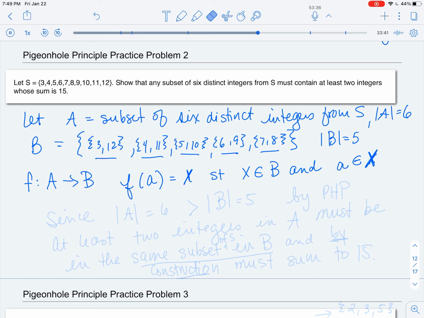All it's saying is that if A is contained in this subset, then we map it to that pigeonhole. Okay, so now we have a clear mapping. We can see that every element in A will map to a subset in B, will map to a pigeonhole.